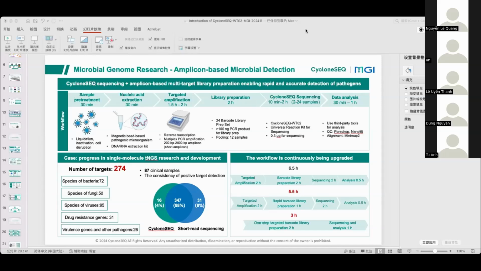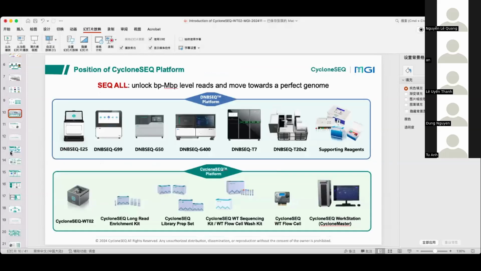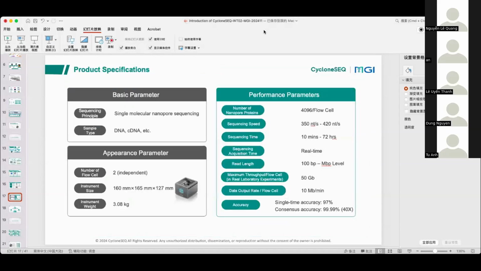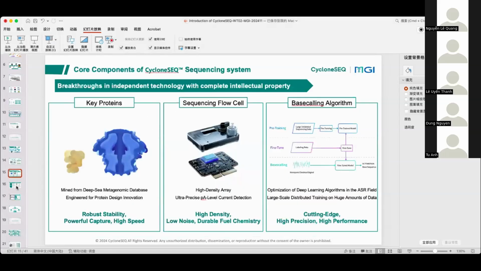So we suggest you use the recommended kits for DNA extraction. If you want to use another kit, please ensure the DNA quality and the DNA amount can meet the requirements of CycloneSEQ system library preparation.